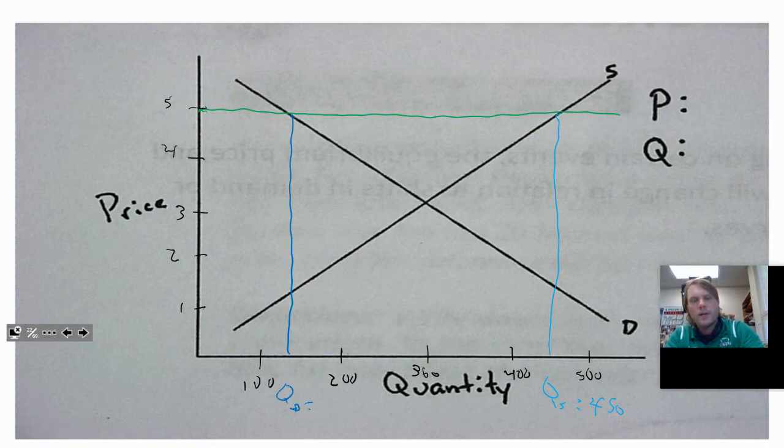So again, we're talking about a situation where maybe the team is no good anymore, so no one wants to go. Well, we're going to try to sell these tickets. However, our quantity supplied is way bigger than our quantity demanded. That's going to lead to a surplus of goods.